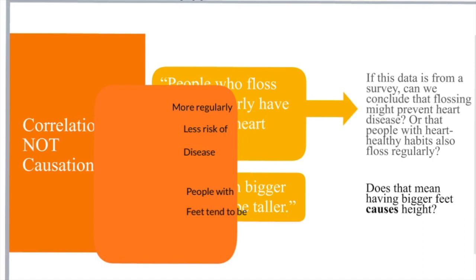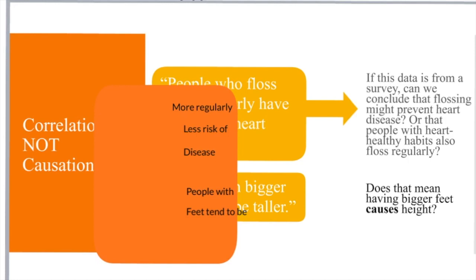The second example: people with bigger feet tend to be taller, right? Does this mean that having bigger feet causes height? Is one a cause of the other? Or is it that we are born with certain attributes, and because our bodies are taller, our feet need to be bigger to support us?